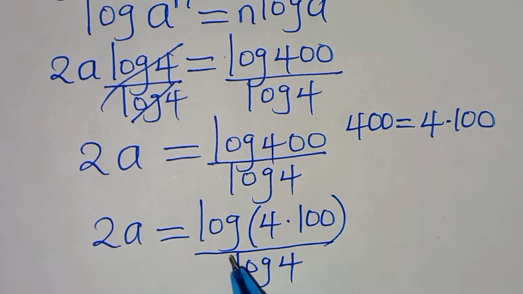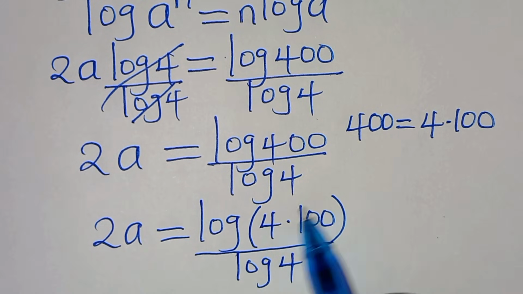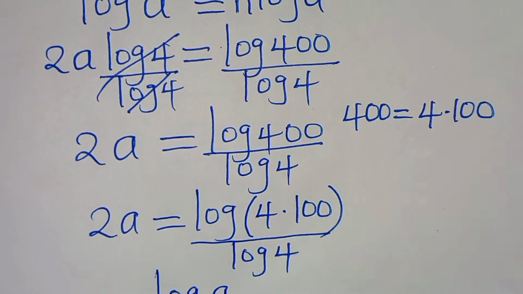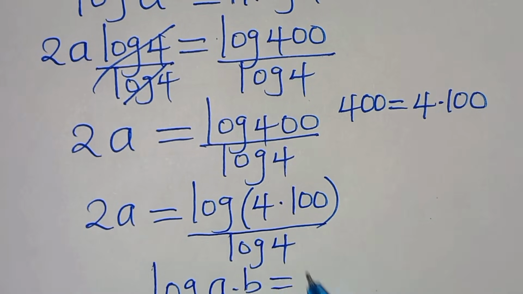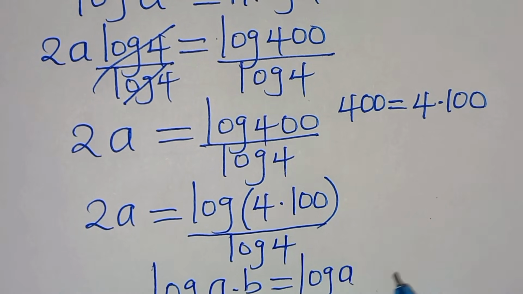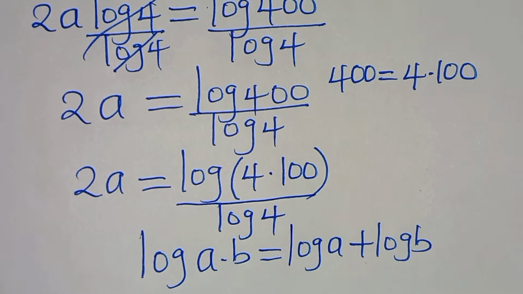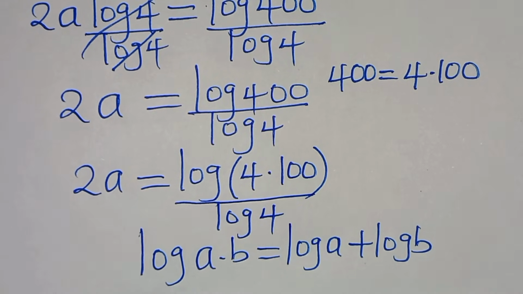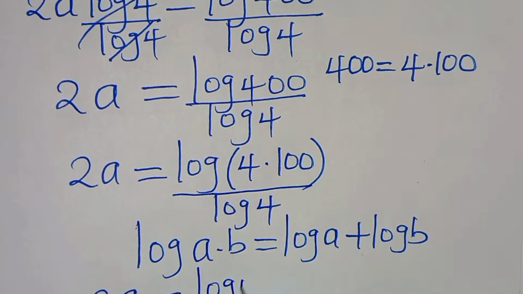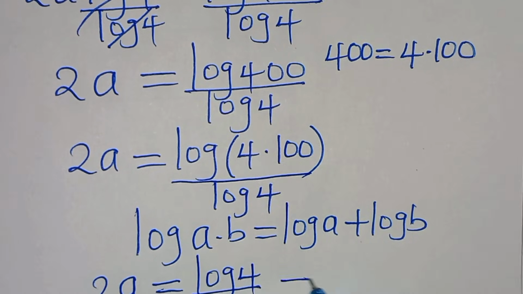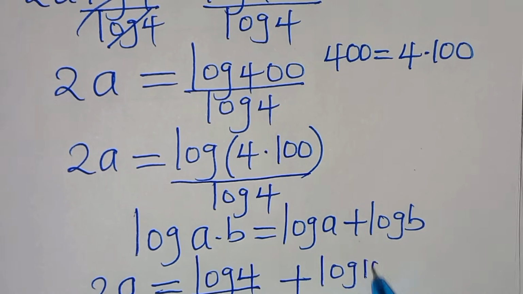So this means that we have log 4 times 100, and this is in the form of log a times b, which we can express as log a plus log b. Applying this logarithm property, then we have that 2a is equal to log 4 divided by log 4, then plus log 100 divided by log 4.